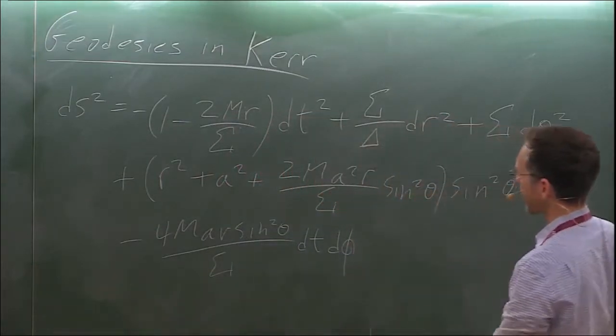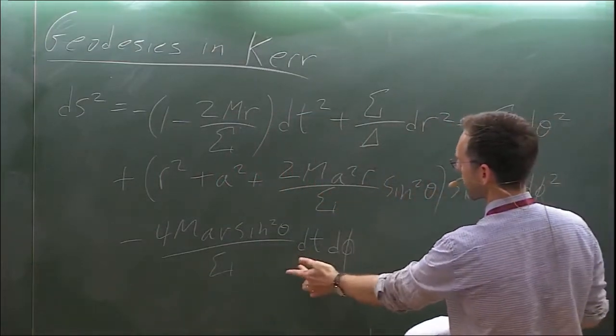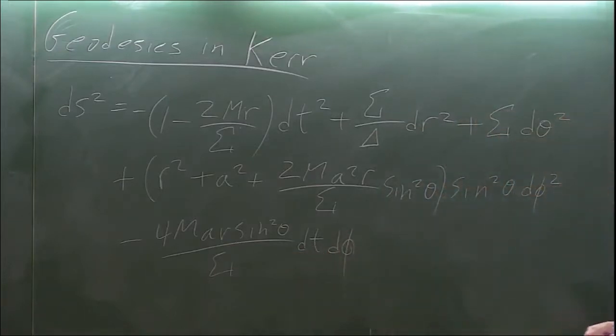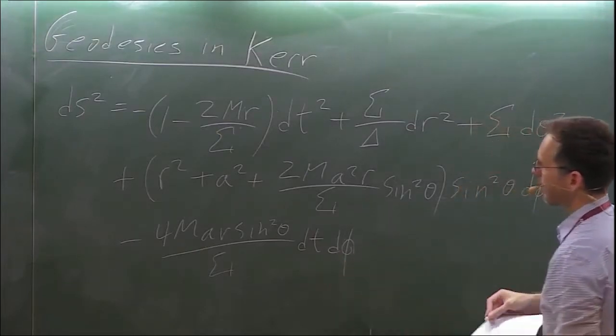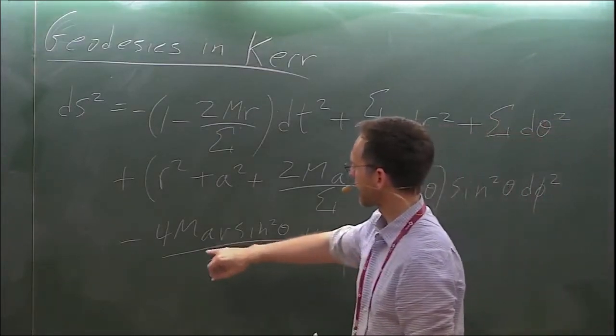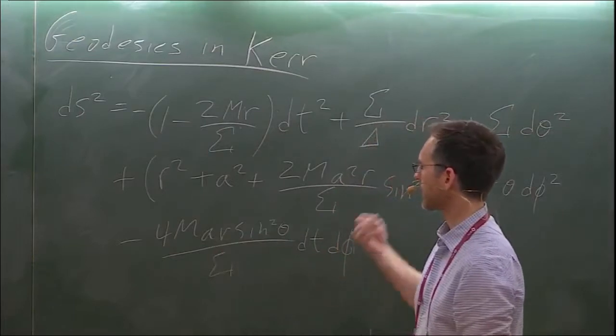Really, the key physical thing is this cross term between t and phi. So in Schwarzschild, you don't have any mixing of space and time components of the metric. You have a pure time component and you have pure spatial components. In this case, you have a mixing between them, and that corresponds to the fact that your big black hole is rotating.